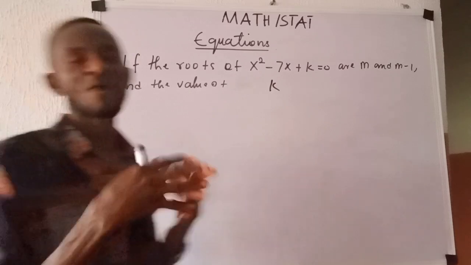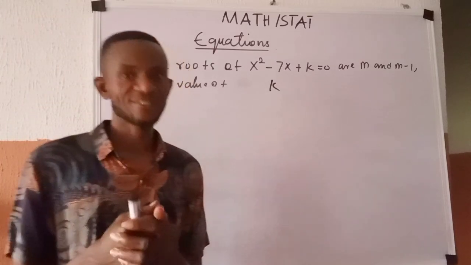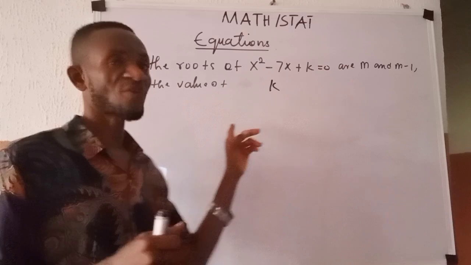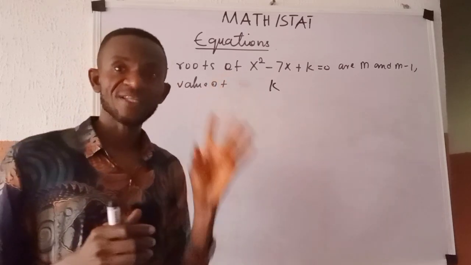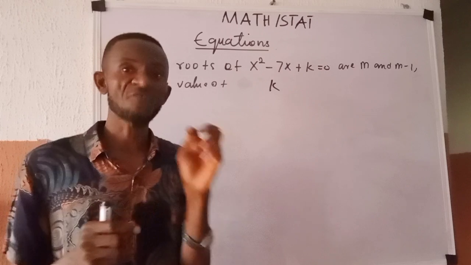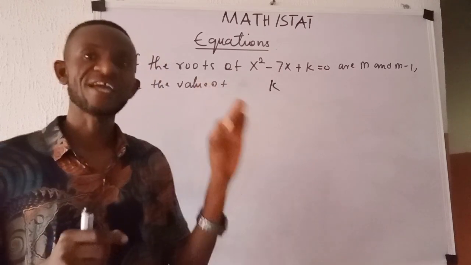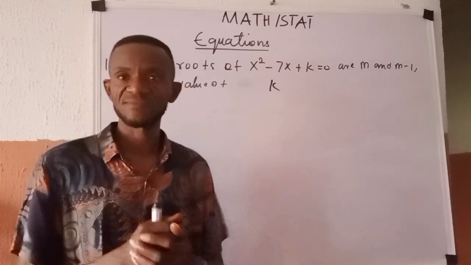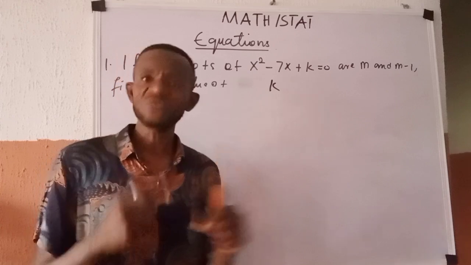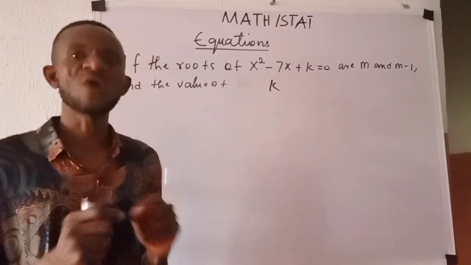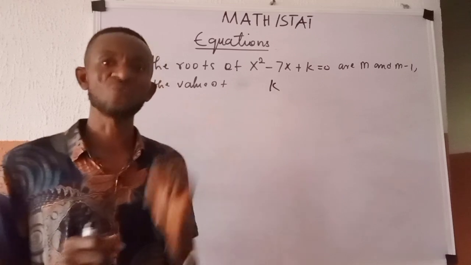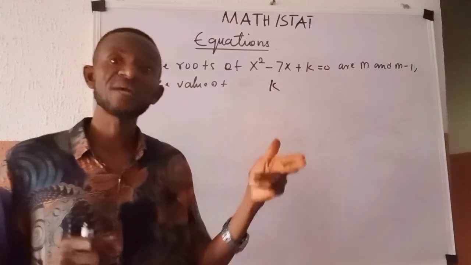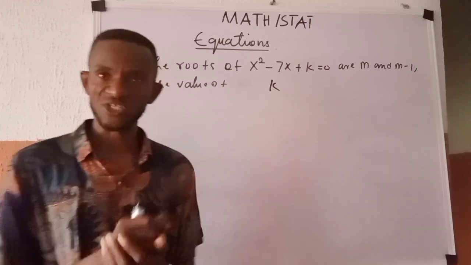Then there are two things that first of all we need to tell our students, especially when they are confronted with questions like this. Those two important things are: one, you have to recall for yourself the general expression for quadratic equation. And secondly, you need to remember that equation which you arrive at when you are given two possible roots of quadratic equation and you are asked to use them to come up with the quadratic equation.